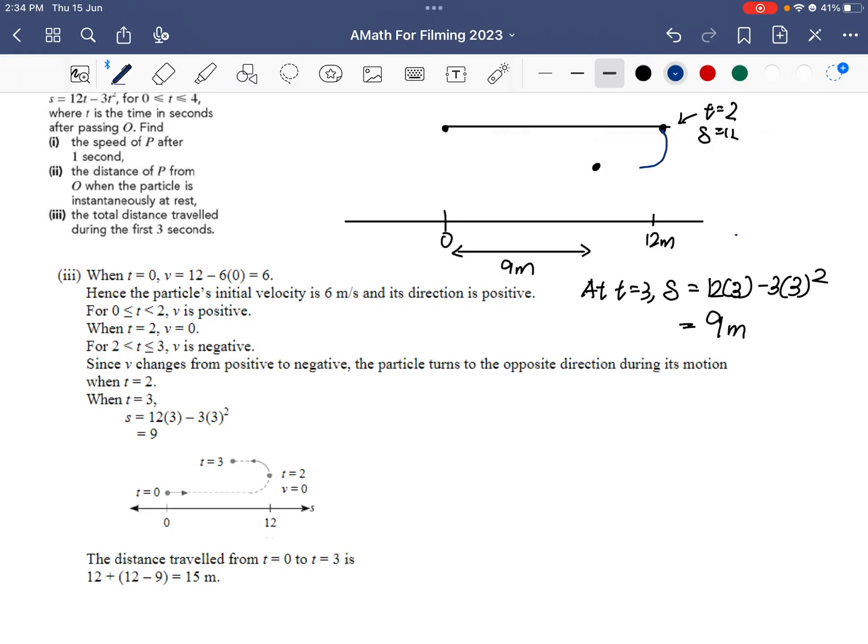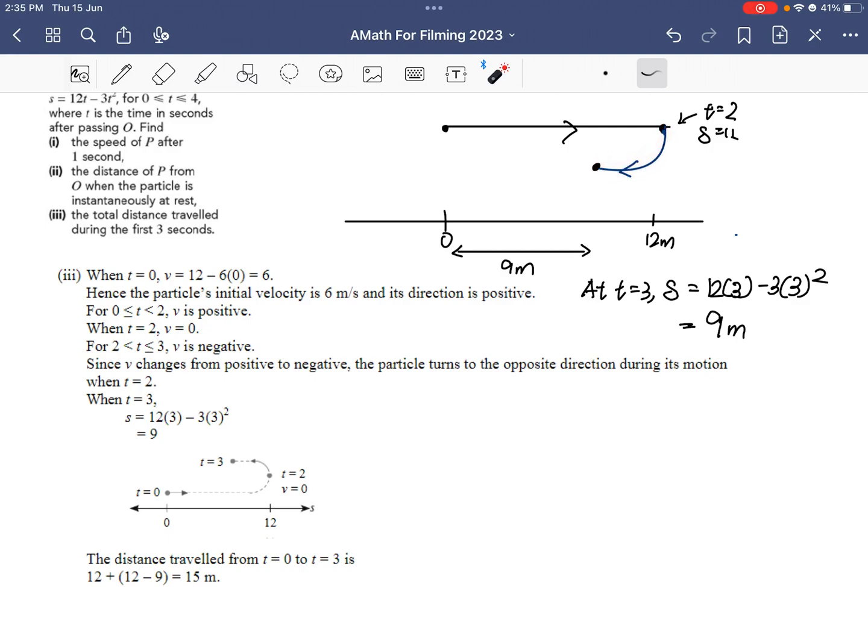So therefore, the second part of the journey, after it U-turns, it will come here like this. So first part and second part. The first part, see my laser pointer, the distance here was 12 meters. So for the first part, it has traveled 12 meters.